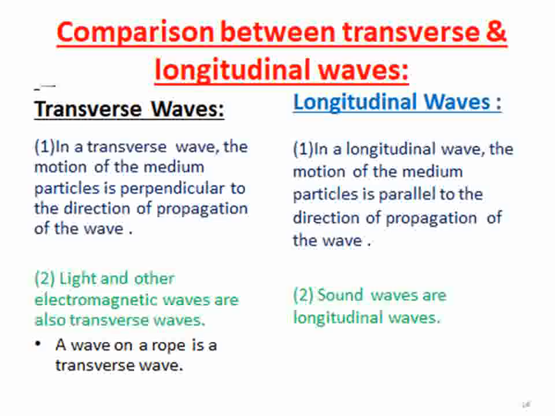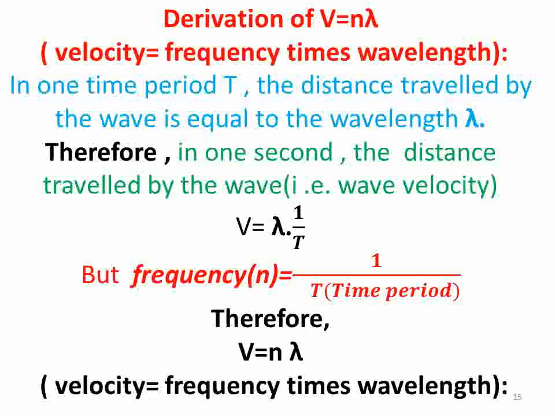Point number 2: light and other electromagnetic waves are transverse waves because electric and magnetic vectors vibrate in the perpendicular direction to the propagation of the wave. Sound waves: compressions and rarefactions are produced in sound waves, and these are longitudinal waves.